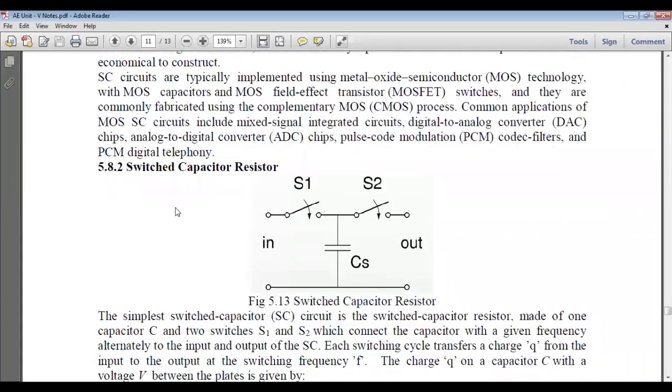The first application of switch capacitor is shown here, switch capacitor resistor. Figure 5.13 shows the switch capacitor resistor. Switch capacitor can be used as a resistor here. Two switches are used, S1 and S2.